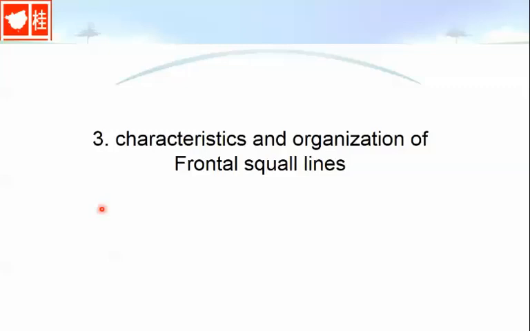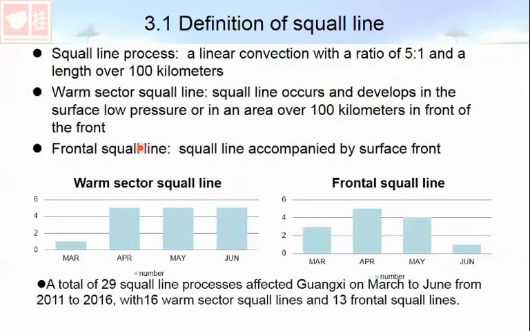The third part I will introduce is the characteristics and organizations of frontal squall lines, and a special case in 2014 is taken for example. A linear convection with a ratio of 5:1 and a length over 500 kilometers is defined as a squall line process.